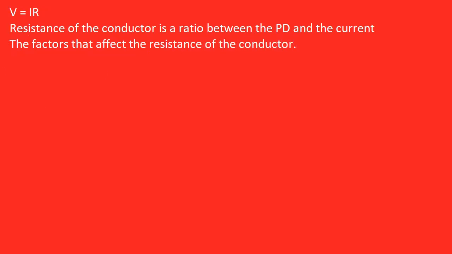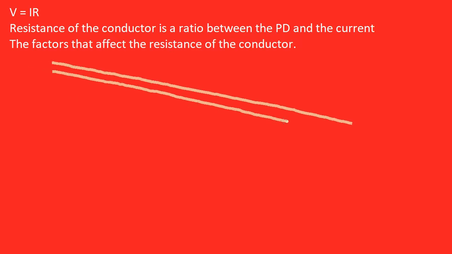Suppose we have a conductor, and it may have some thickness and some length, and some current is flowing through it. We can understand intuitively that the greater the resistance, the lower will be the current flowing through it. So we have to understand what factors affect the resistance of the conductor.